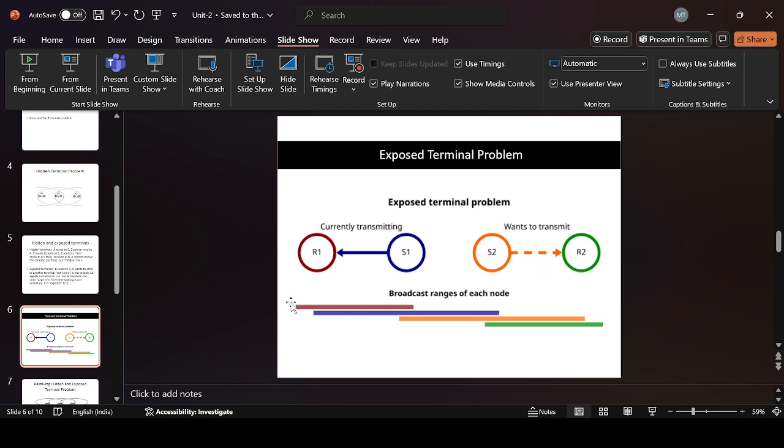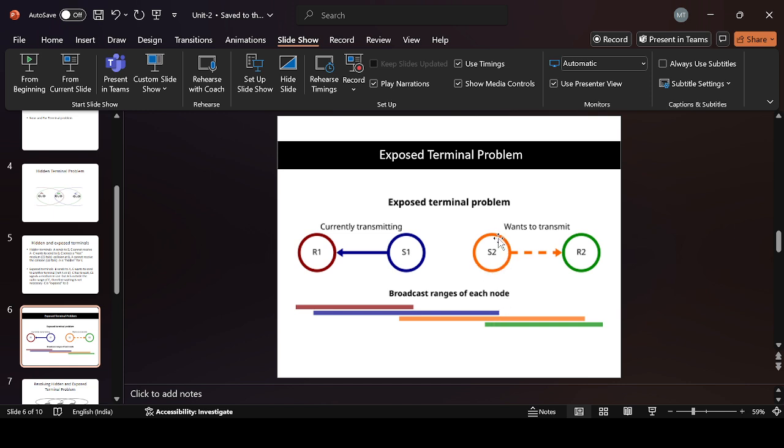The colors shown in the figure indicate the transmission range. The transmission range of R1 reaches only S1, not S2 and R2. The transmission range of S1 you can see reaches both R1 as well as S2.